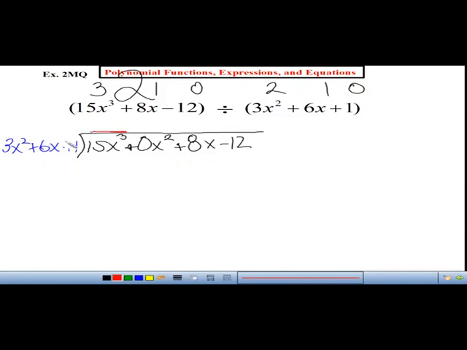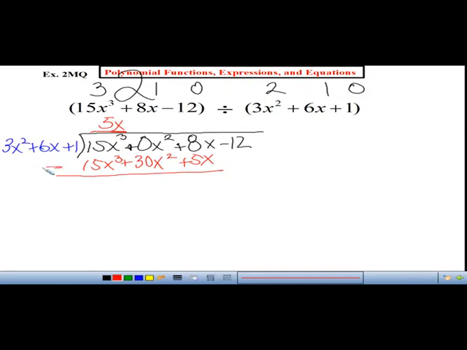All right, Roman, help me out. What number times 3x squared gives me 15x cubed? 5x. 5x times 3x squared, that's 15x cubed. 5x times 6, that's positive 30x squared. And 5x times 1, that's positive 5x.